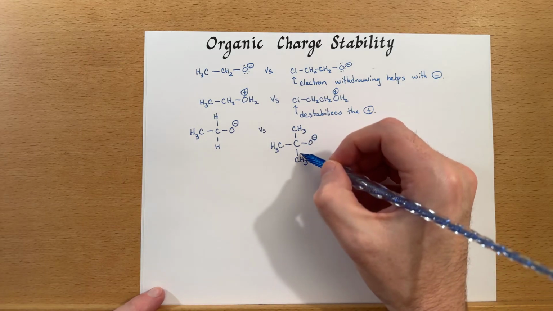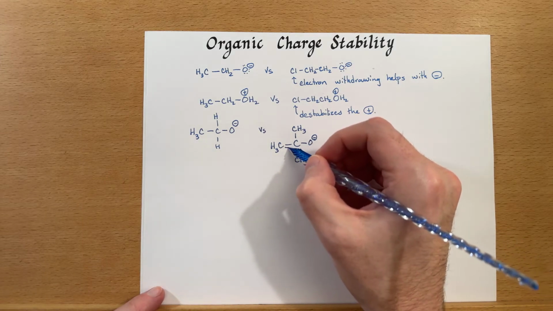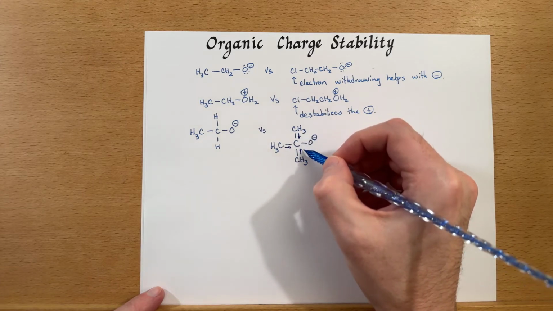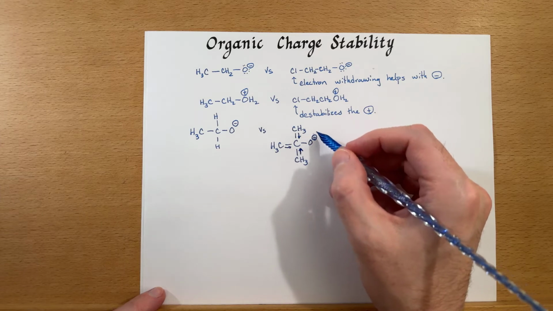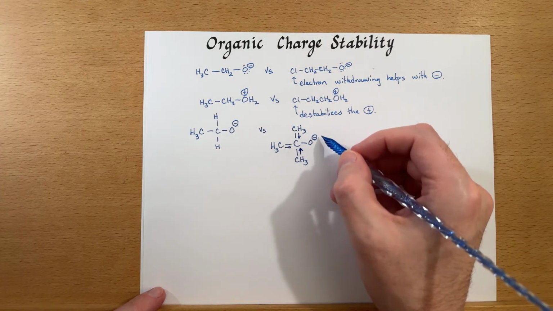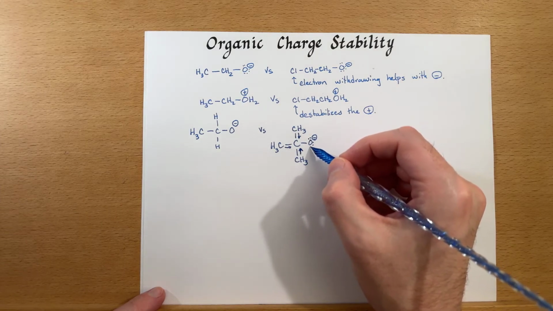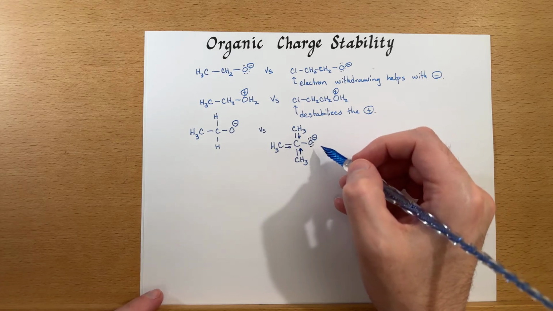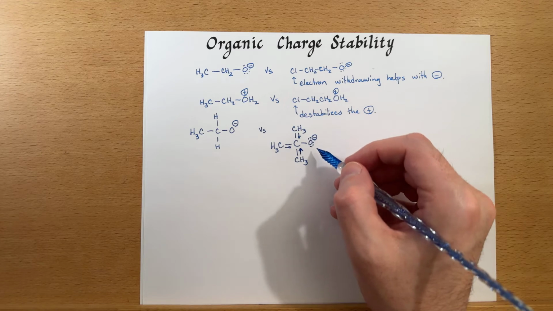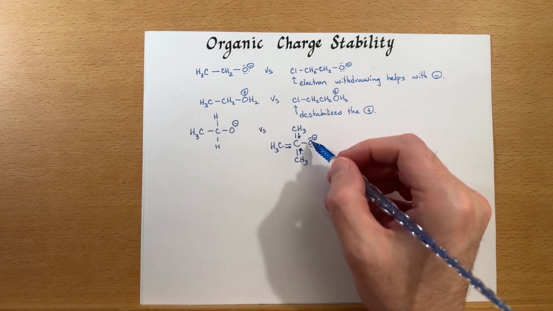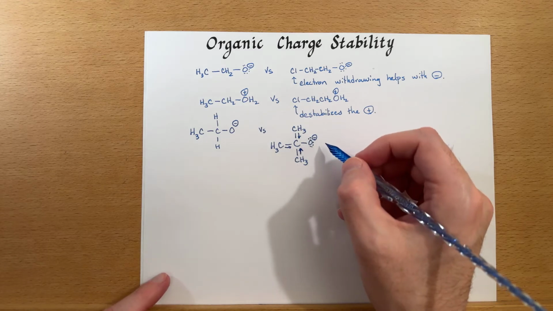So these are all sending electron density into that carbon. Now it already has plenty of electron density right here in the form of a negative charge. So it doesn't really need additional electrons because it's got a lot of them right here.